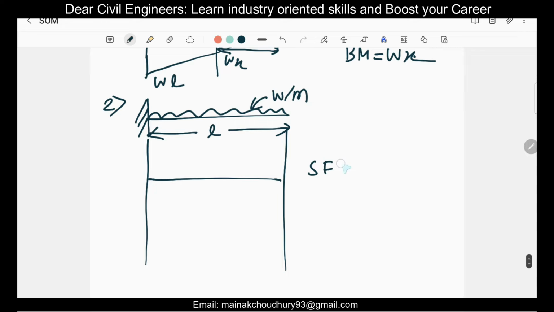Now SFD we will draw here, and we are going from right to left, so downward force is positive, right? So the shear force which will be acting here, the total or maximum shear force, is W into L, and that will be at the extreme left corner.